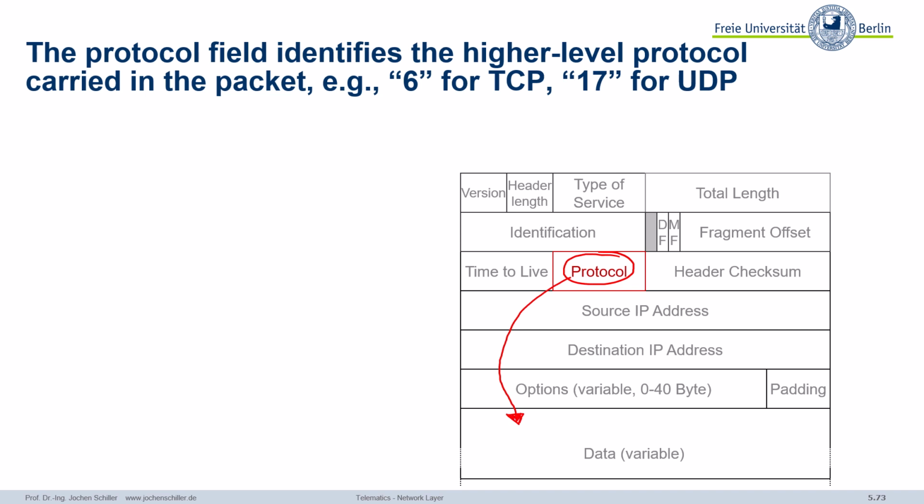So we violate our layering principles a bit, because in layer 3 we have some information about layer 4. But this protocol field tells you, for example, if there's a 6, oh, we have TCP that will follow, because inside the IP packet there's a TCP packet or UDP packet.